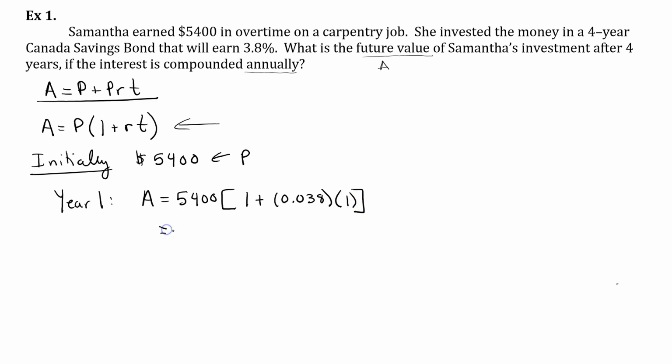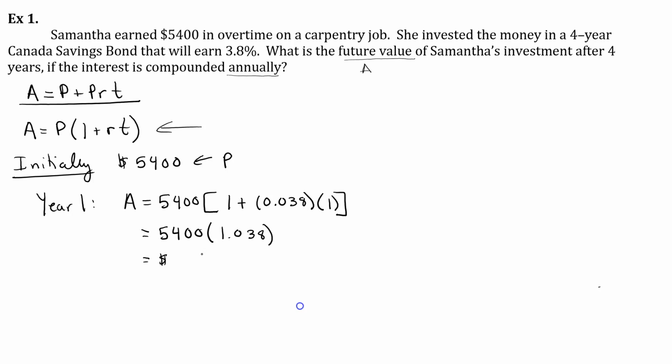So when I get that, I get 5,400 times 1 plus 0.038 times 1, which is just 1.038. When I put that in my calculator, I get $5,605.20.